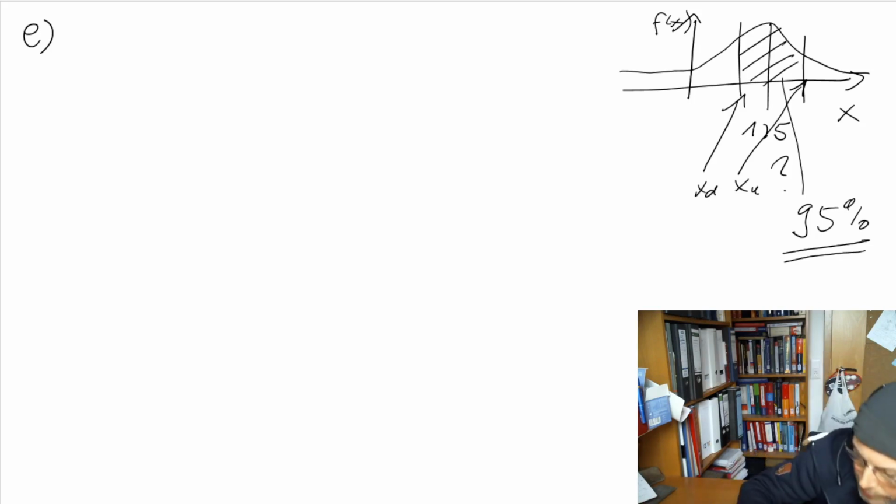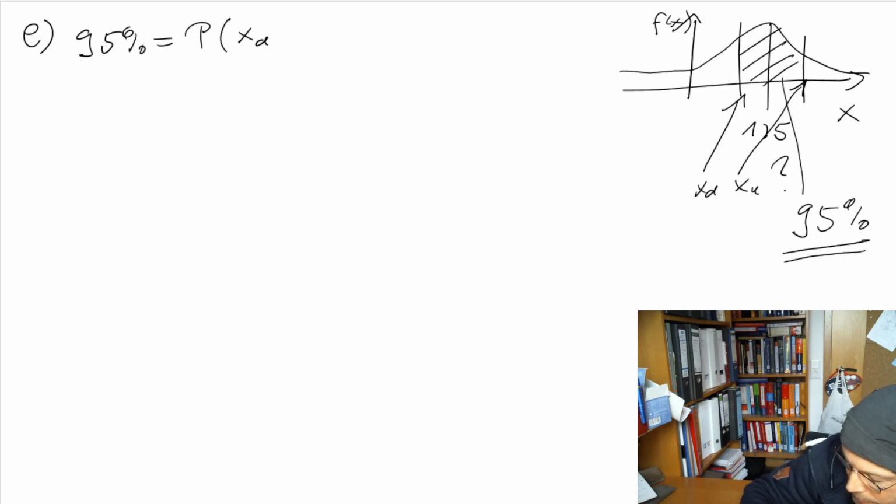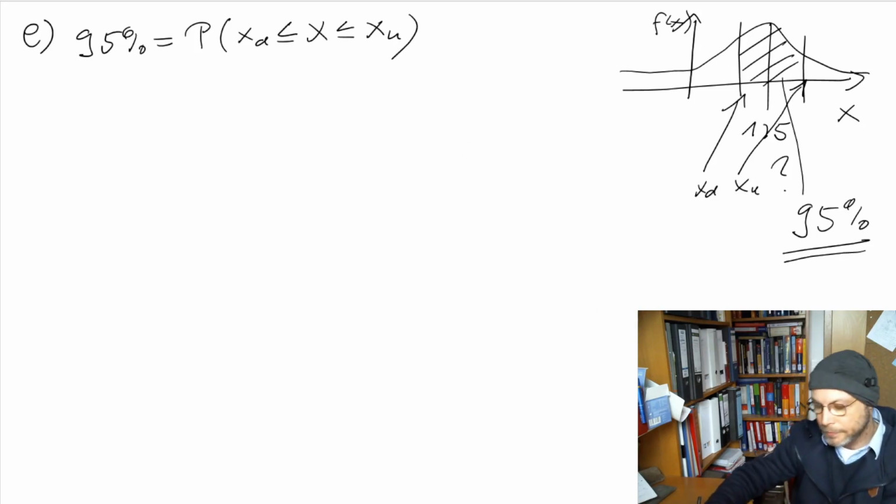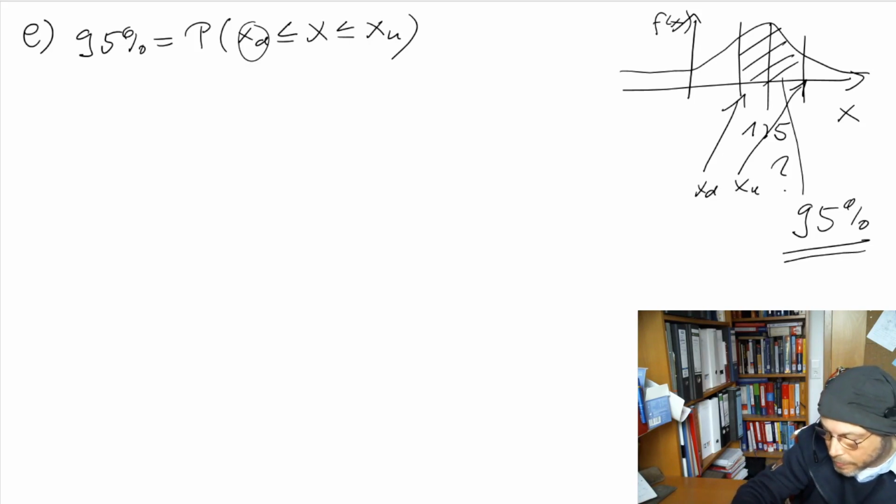So if we write it down, 95% is the probability of x down smaller than x smaller than x up. And these numbers we want to know.